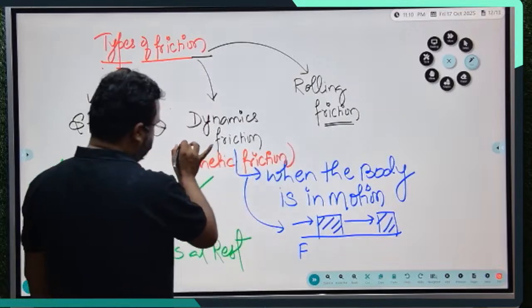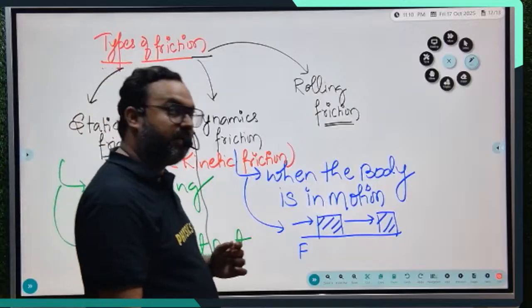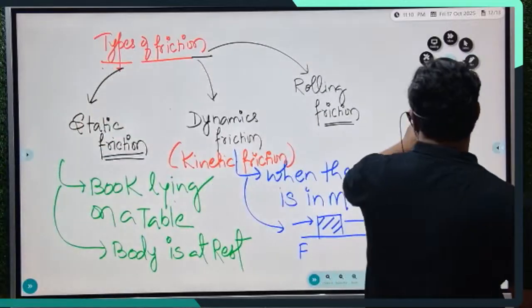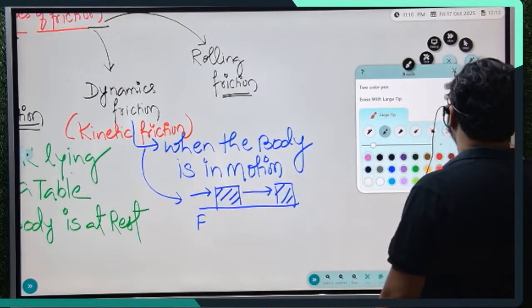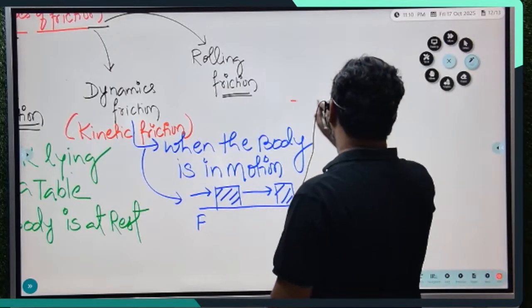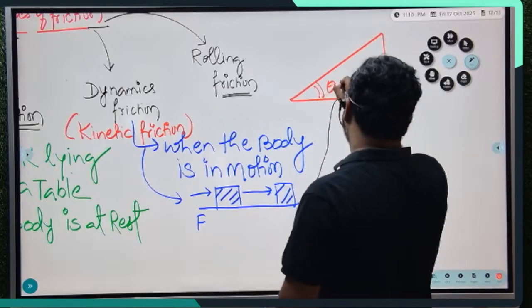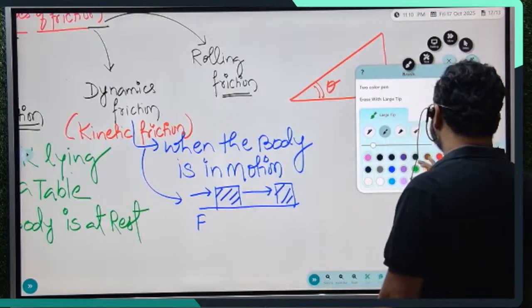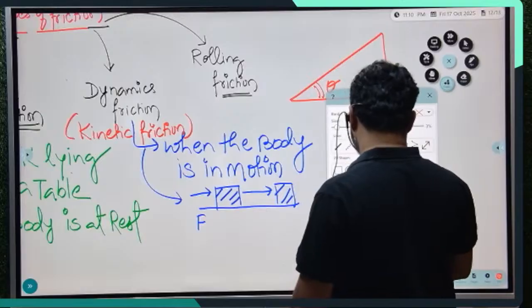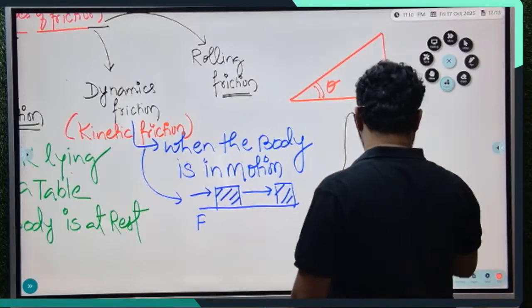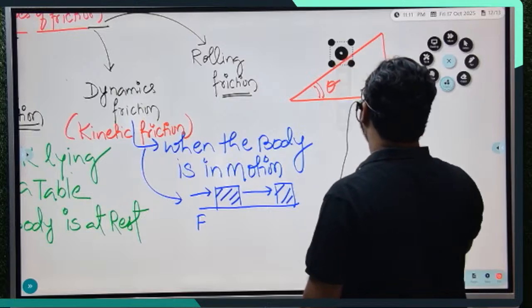Any doubt? And the third one is called rolling friction. Suppose this angle is theta degrees.